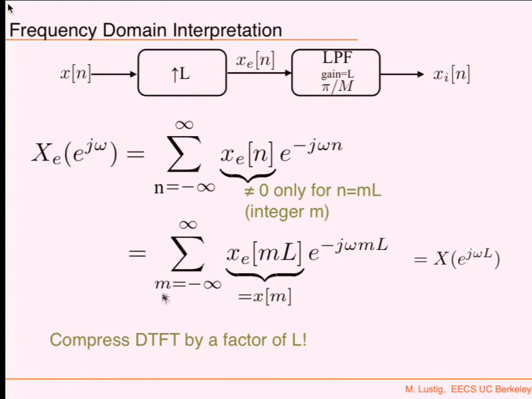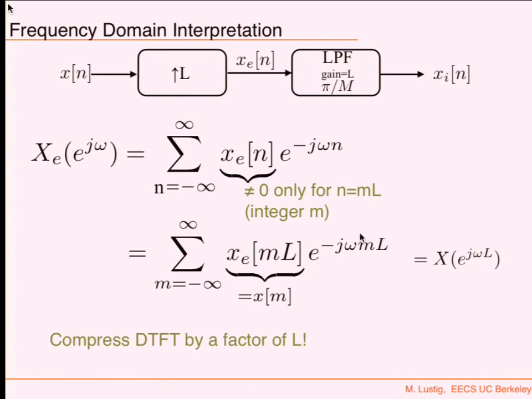So I sum over m, a new variable going from minus infinity to infinity, and I jump every L samples, because otherwise I would have just summed over zeros. So this n also is written as m times L.